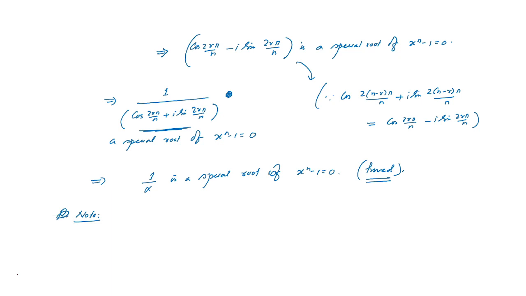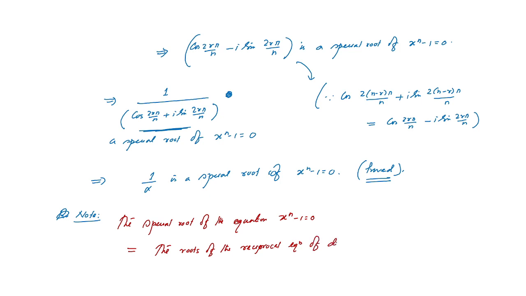The note is basically that the special root of the equation x to the power n minus 1 equals 0 is equal to the roots of the reciprocal equation of degree n.